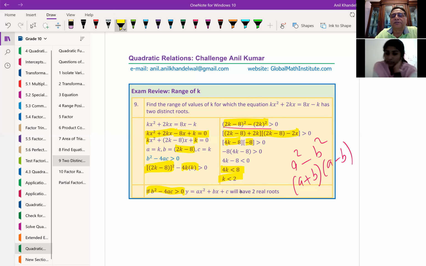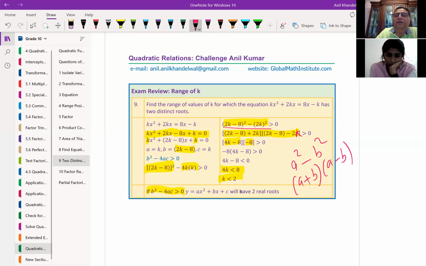So the first term is 2k minus 8 plus 2k, and the second term is 2k minus 8 minus 2k, right? A lot of typing errors with me. When you combine the terms, on the second factor the 2k, 2k cancel and minus 8 remains. On the first factor, 2k, 2k add up to 4k minus 8.